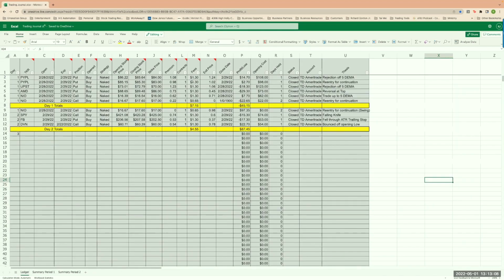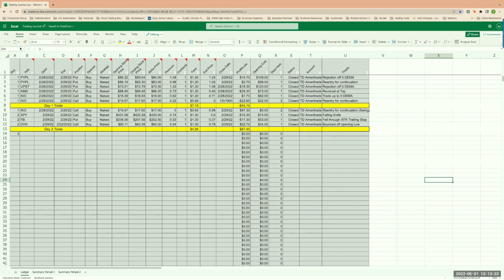So the fees, which I'm going to seek to negotiate with TD Ameritrade, are 65 cents per transaction or per contract. For every contract that is purchased, it's 65 cents. So here we have a total of 130.